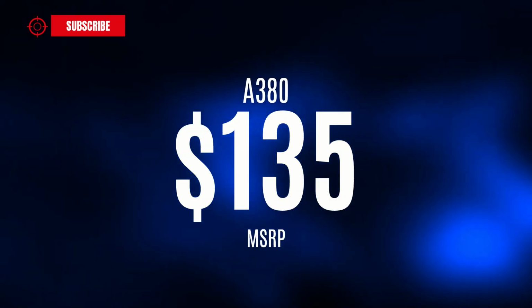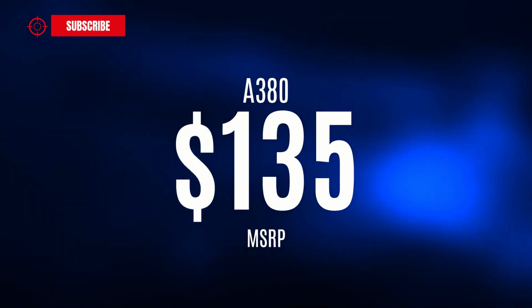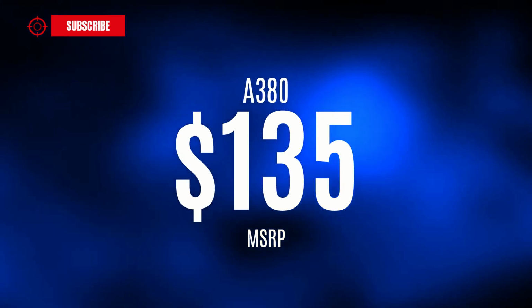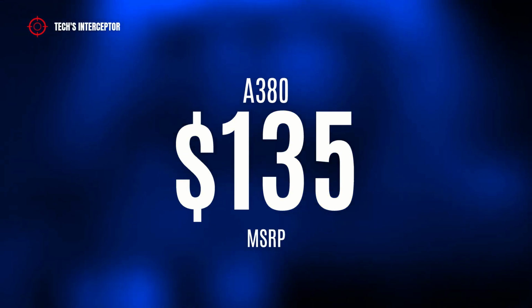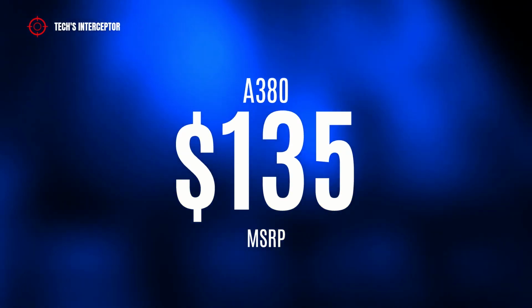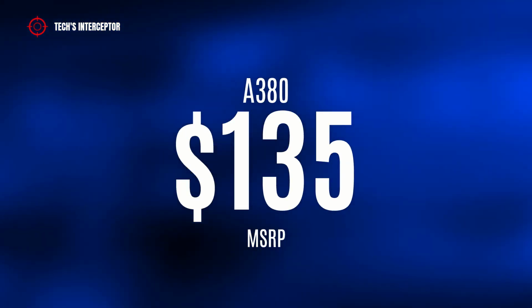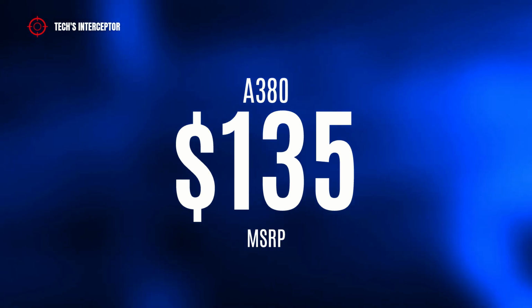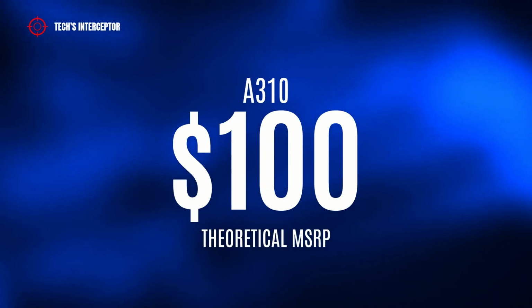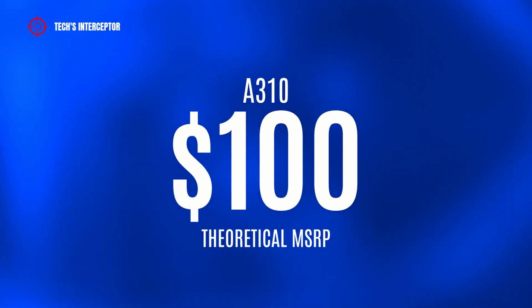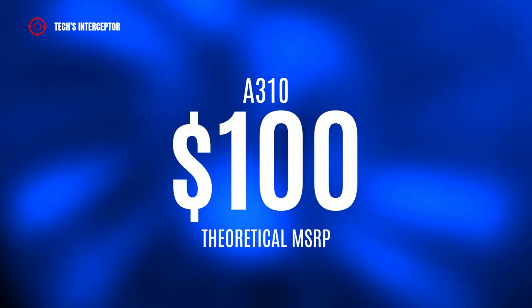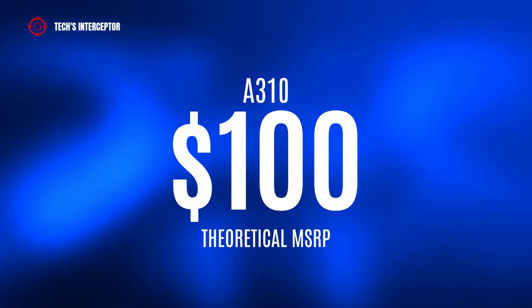Starting from the MSRP of the A380, which is $135, and comparing it to the NVIDIA and AMD counterparts listed, we can calculate more or less the theoretical MSRP at which they will sell. So, the lower budget GPU A310 should sell at $100.